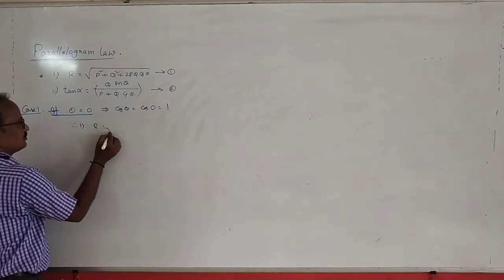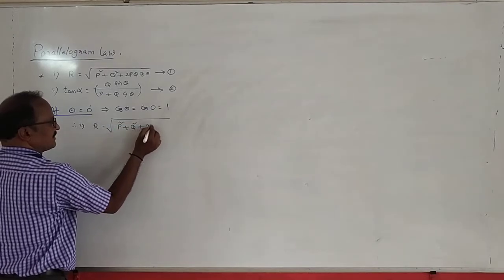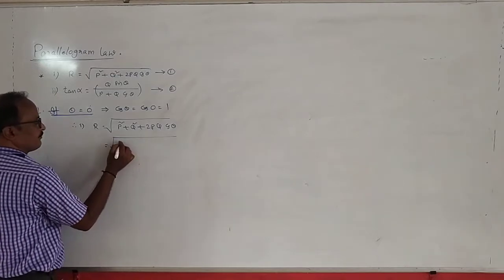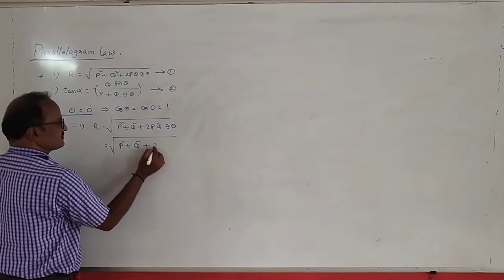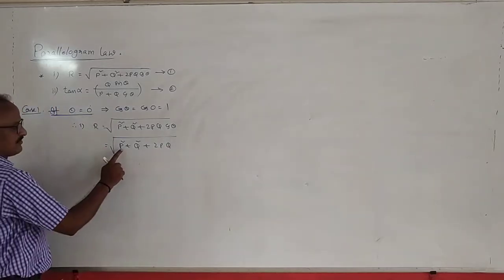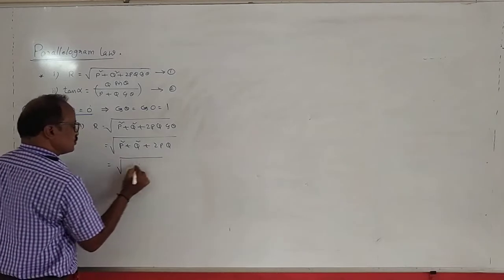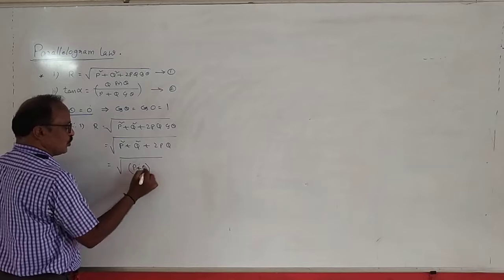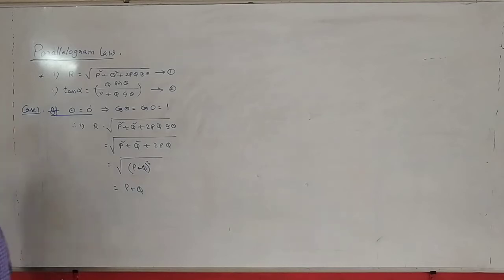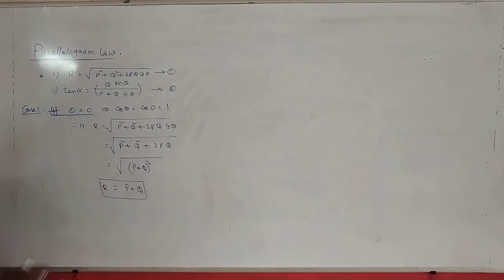R is equal to root of P square plus Q square plus 2PQ cos theta, that is equal to root of P square plus Q square plus 2PQ because cos theta is equal to 1. Root of a square plus b square plus 2ab means a plus b whole square. That means root of P plus Q whole square, the root and square cancel out, and this is equal to P plus Q. Okay? So the resultant R is equal to P plus Q.